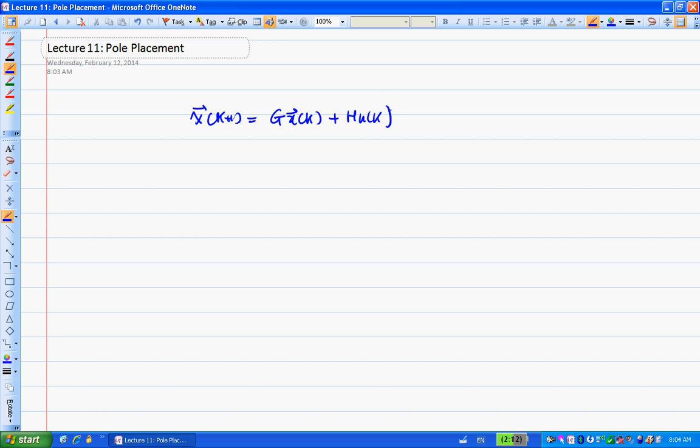Okay. So this is the state equation of the system. And what we want is, your objective is we design a feedback system, and the feedback controller. We're dealing with a single input, single output, so we'll just get rid of the vector sign.